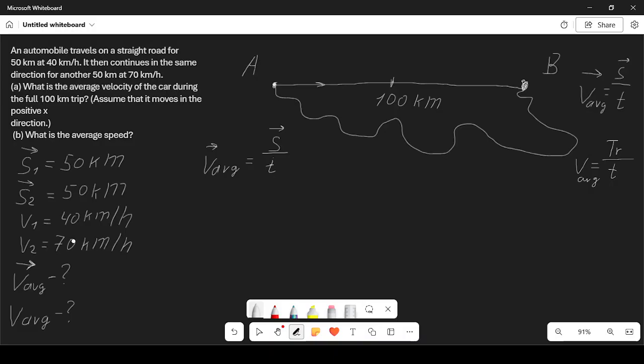Can we find, let's say, average speed using this speed during the certain period of movement? No. If we try to do this, we do it wrong. We can't find average speed based on a speed during certain segments of the road. Maybe during the movement it stopped somewhere or something else.